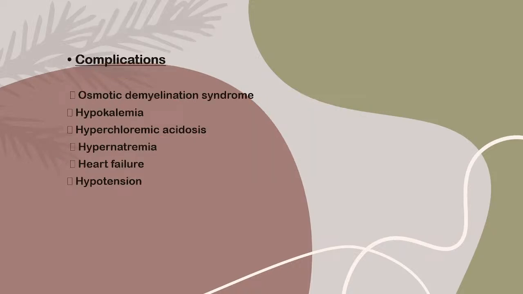Then the complication of correcting this sodium rapidly can be osmotic demyelination syndrome, as I have already discussed. Then hypokalemia can be there, hyperchloremic acidosis can be there, and hypernatremia if more of this 3% NS has been given.